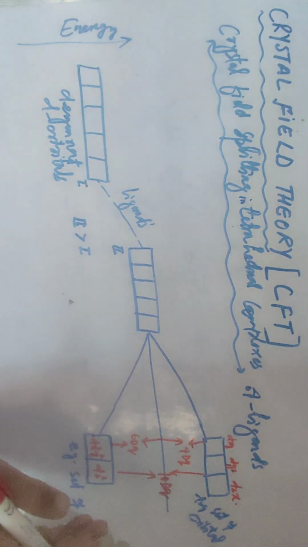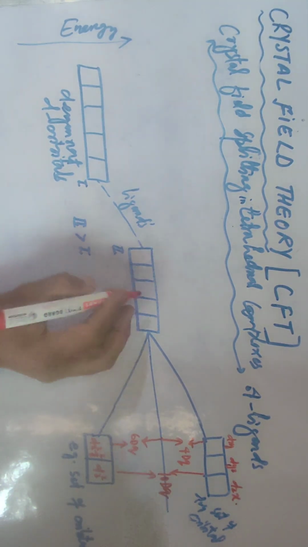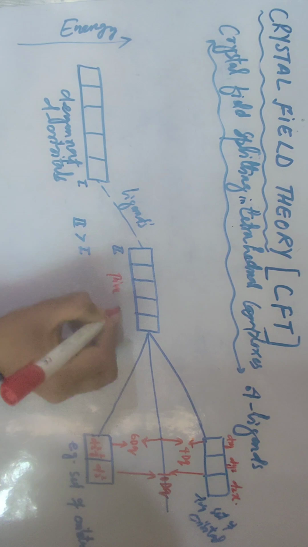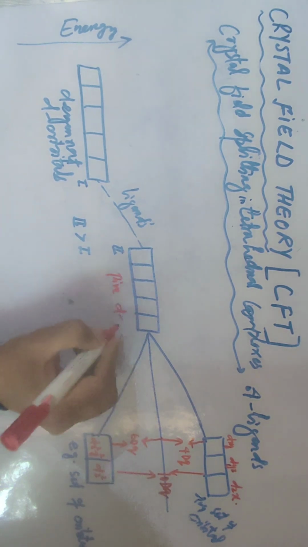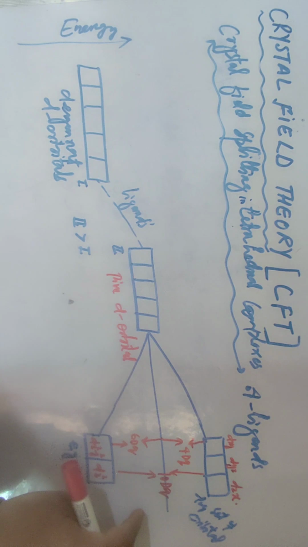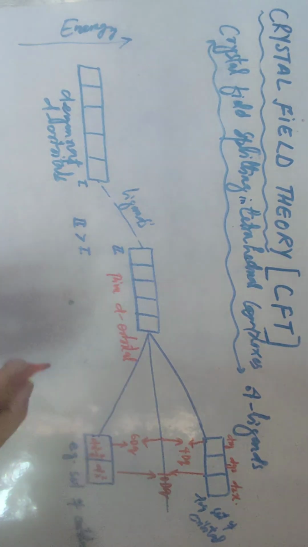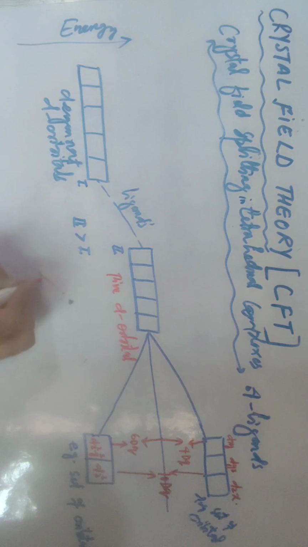Because of this, the 5 degenerate d orbitals are split into two sets, but the splitting in tetrahedral is weaker than the splitting in octahedral.